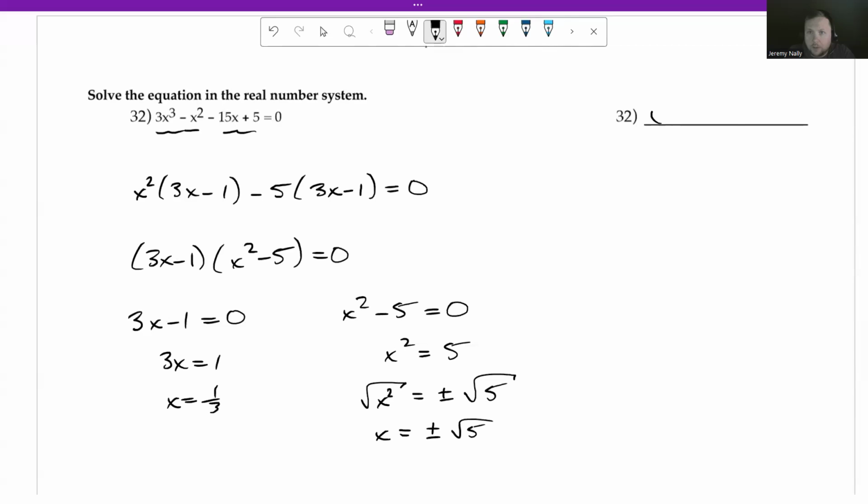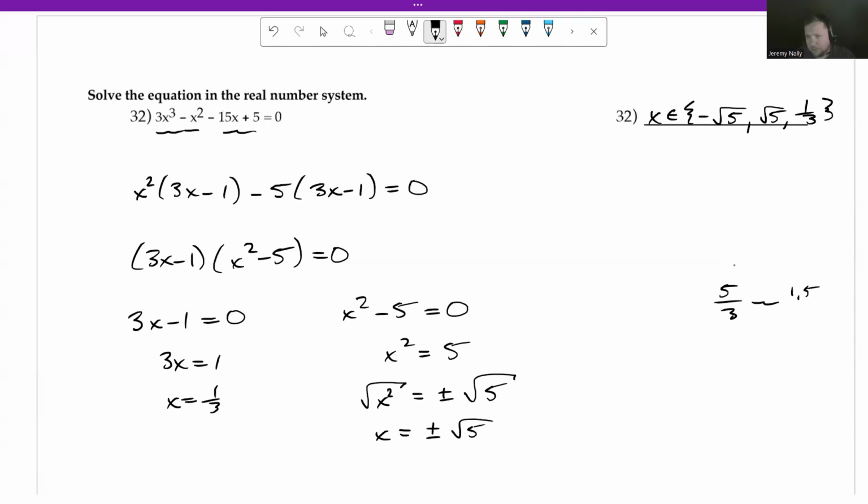So now the solution set is negative radical 5, radical 5, and 1/3. Now, if we would have used the rational zeros theorem, we would have been perfectly fine. We would have found at least one rational zero, which is the 1/3.